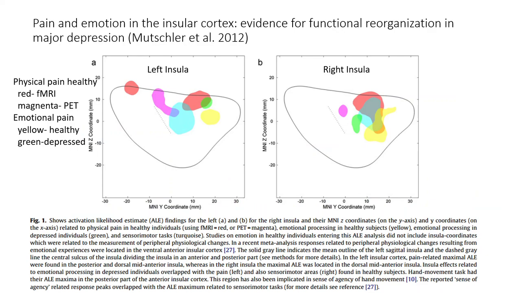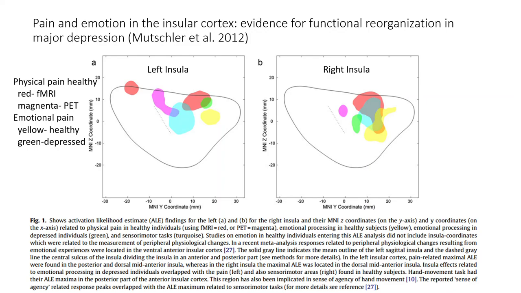Now, this becomes very important when we talk about the experience of depression, and how it differs from normal sadness. In this study here, the red represents insula activation when healthy people are in physical pain, and you can see that there.